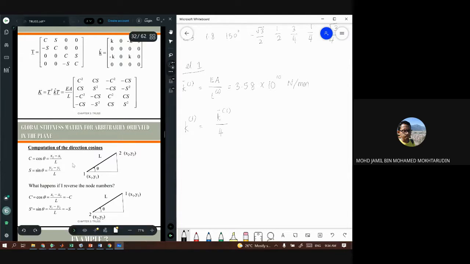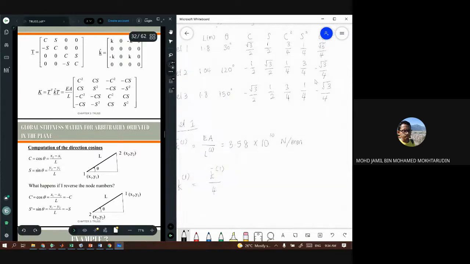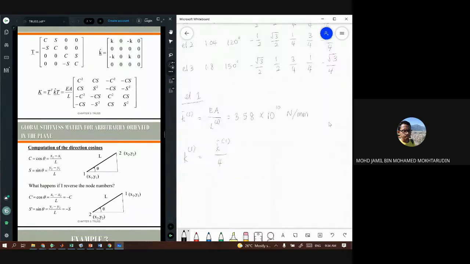So why 4? I simply factorize this 4 here from cosine squared and sine squared and cosine times sine. So later, when you fill in the matrix, you will have everything over 4. So factorize, kan. Okay, you will see it if you do it manually.